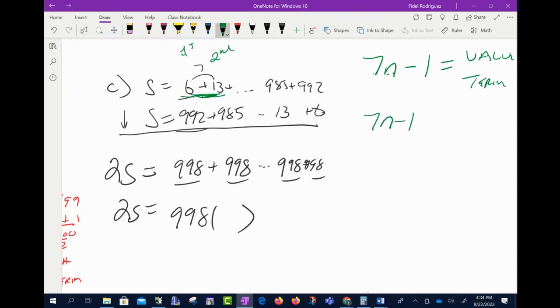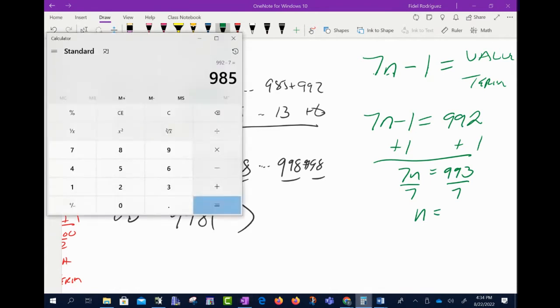So I can say 7n minus 1 equals 692. So when I add 1 to both sides, 693, and I divide both sides by 7, I get my calculator, 693 divided by 7. Oops.